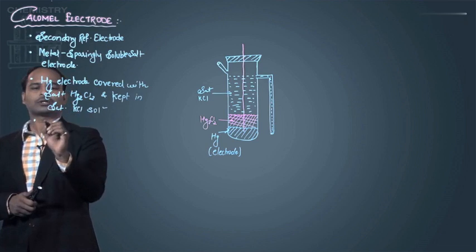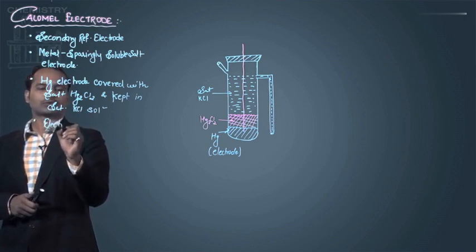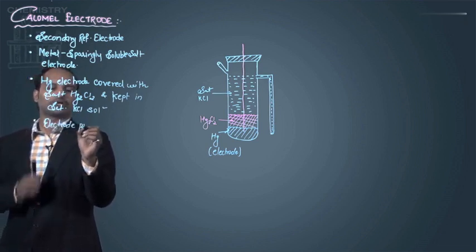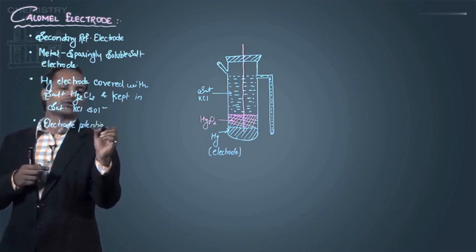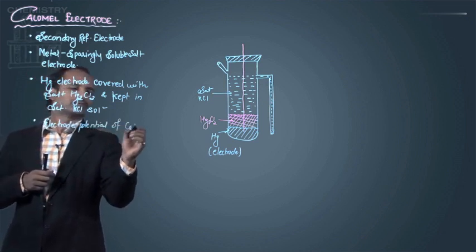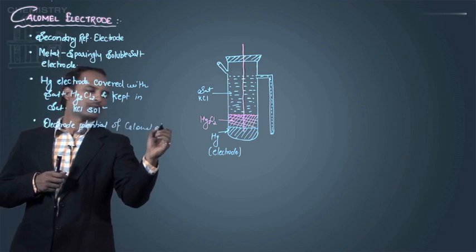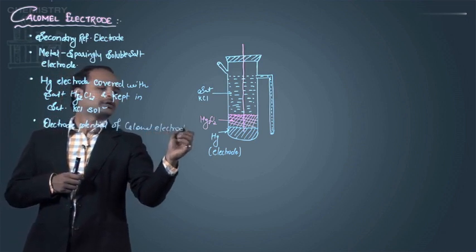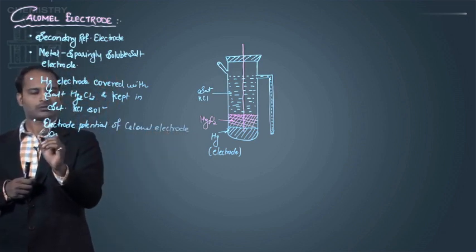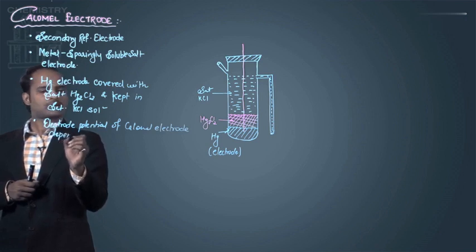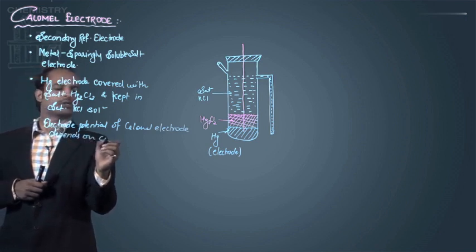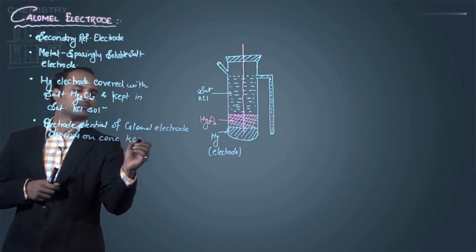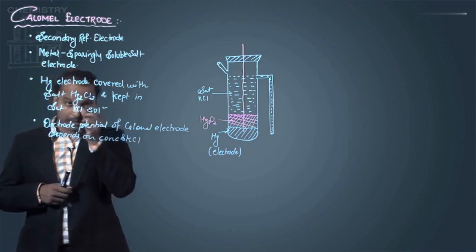Now, the electrode potential of a calomel electrode depends upon the concentration of KCl. How?